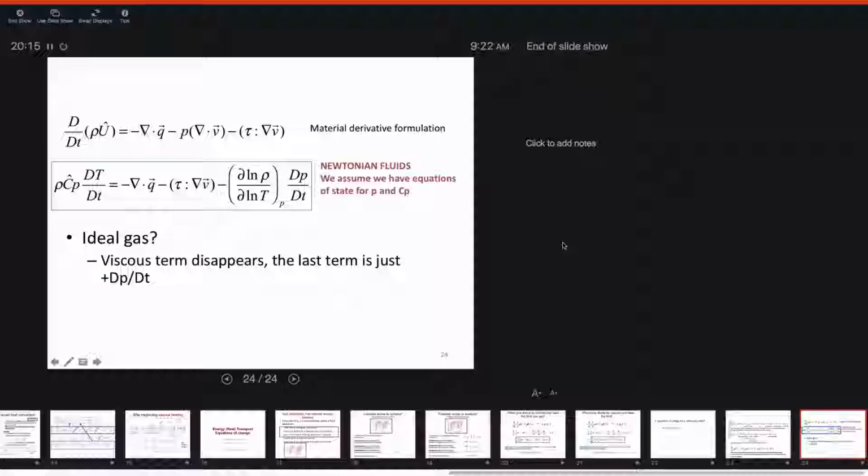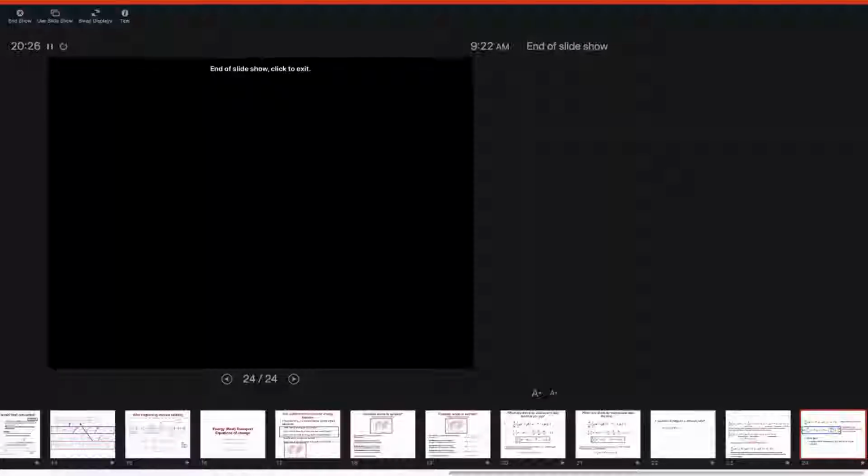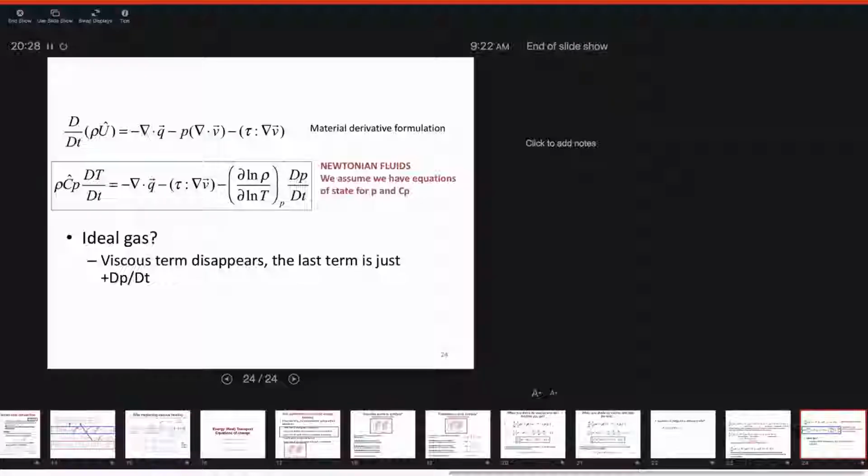And if I have an ideal gas, then my viscous term will disappear because an ideal gas does not have viscosity. So those are just equations that you can use. You can always start from that shell balance equation and go from there, but these are some shorter versions in case you need them.